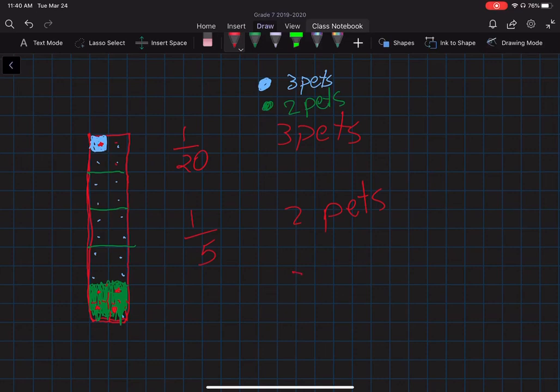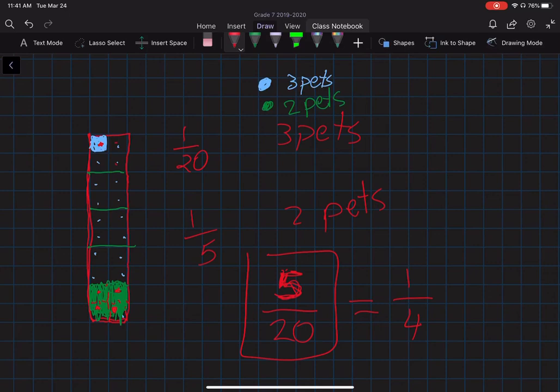So altogether we have 5 out of 20 people in the class who have either 2 or 3 pets. And you can reduce that because we can divide the top and the bottom by 5, so it could be 1 over 4.